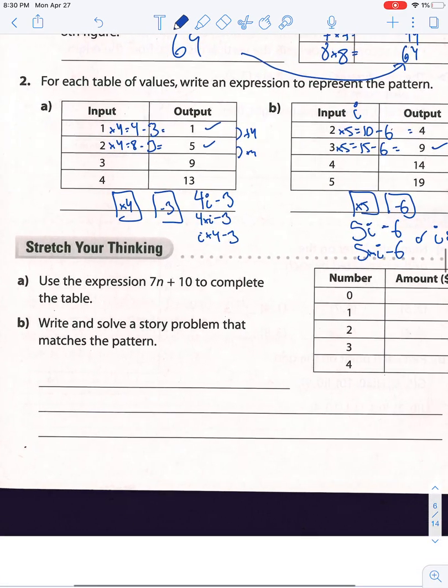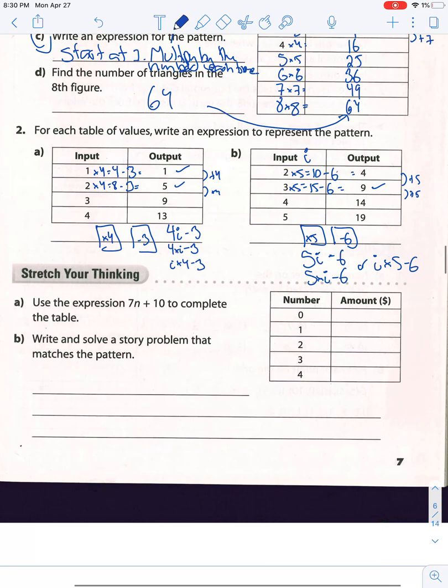The last one was bonus, so if you did that, that's great. I'll show you quickly. It's the number times 7 plus 10. So 0 times 7 is 0 plus 10 is 10. 1 times 7 is 7 plus 10 is 17. 2 times 7 is 14 plus 10 is 24. 3 times 7 is 21, 21 plus 10 is 31.